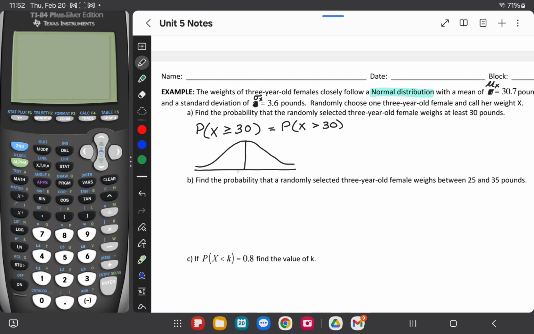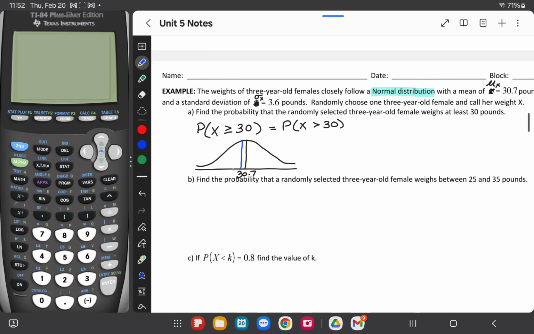Remember, our normal distribution here has a mean of 30.7, and we want to know what is the probability that they are greater than or equal to 30. In other words, if 30 is just a little bit to the left of our mean, we want to find what is the area to the right of it, because remember, it needs to be greater than or equal to or greater than 30.